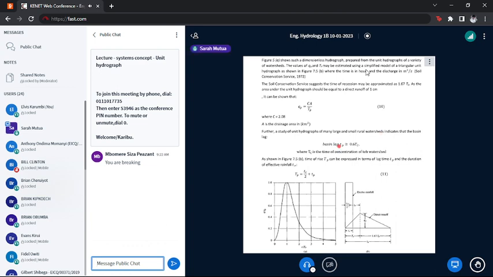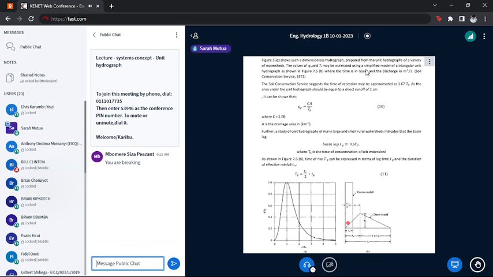In addition, the basin lag time, TP, has been estimated as the time from the end of the rainfall to the peak.